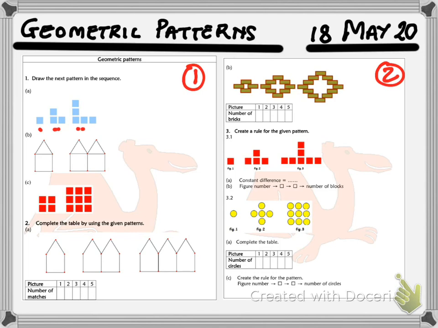So what you need to do is draw the next pattern that you will see in that sequence. Then you do the same all the way to the last one. So as I said at the beginning of this lesson, this lesson is going to be very, very short. So I think that's quite easy to understand. Right, so please do that for me.